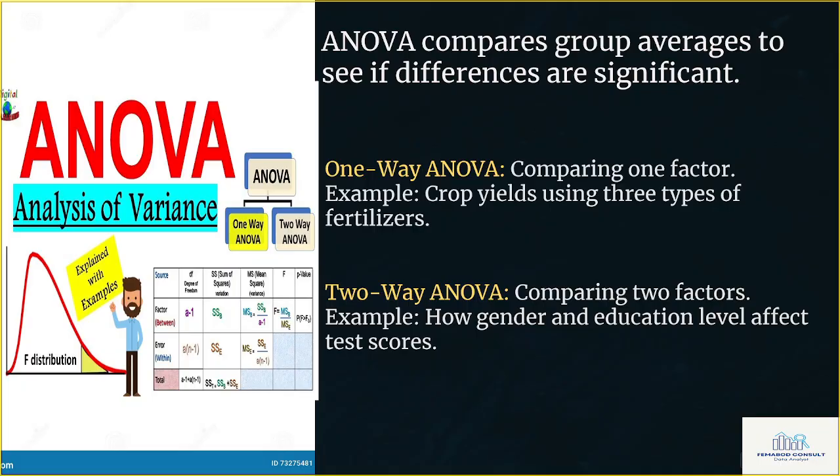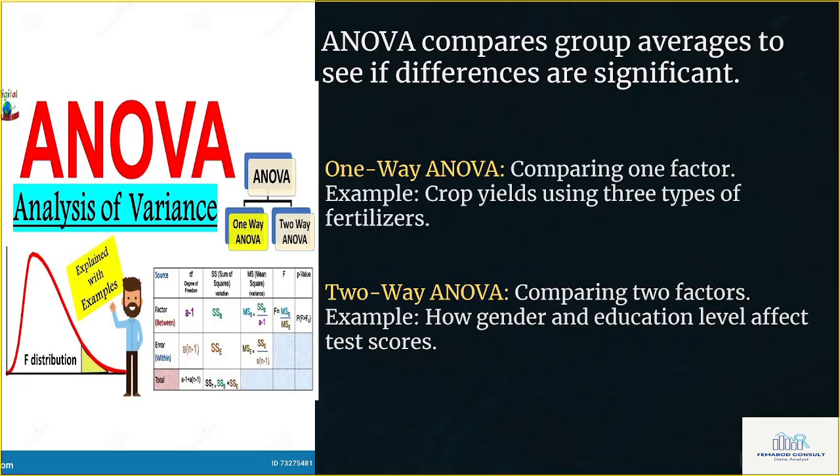Then two-way ANOVA, you are comparing two factors. For example, gender is male and female. But in the first one-way ANOVA that we talked about, we have crop yield, which is just straightforward, one factor. Now in the second one, two-way ANOVA, we have gender, where there is male and there is female. So you can see that two things are coming.